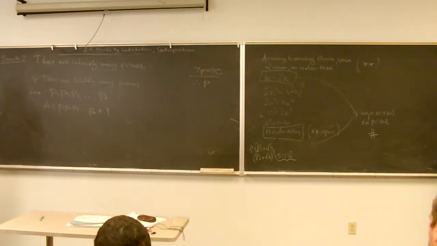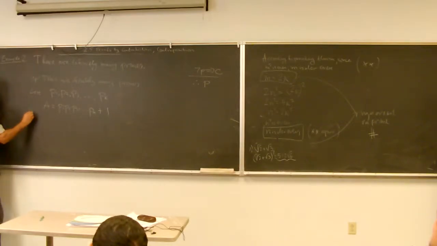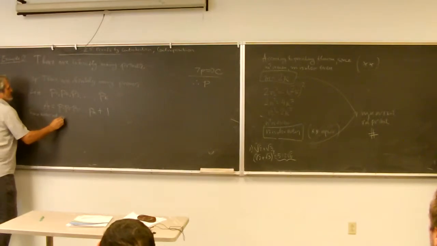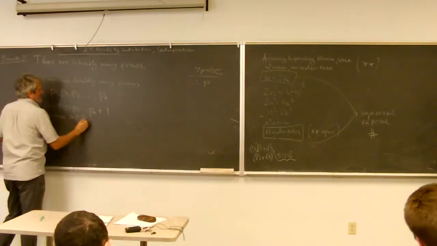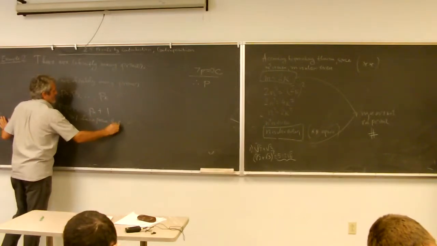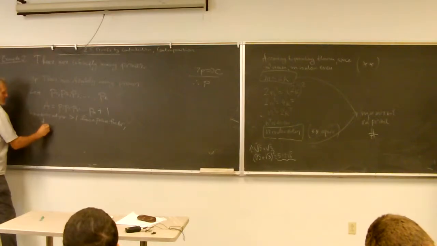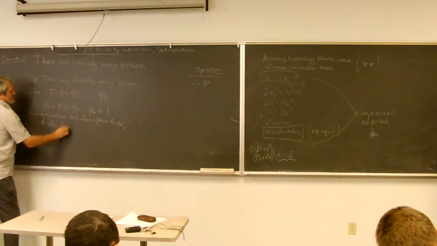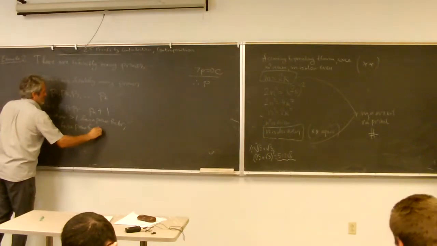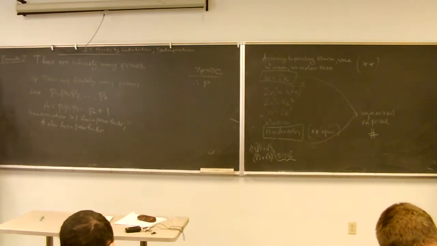So does A also need to have a prime factor? Yes or no? Everybody has it, so A has it. So since every integer greater than 1 has a prime factor, A also has a prime factor. Okay?